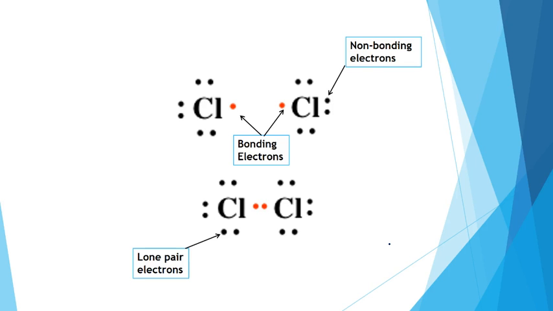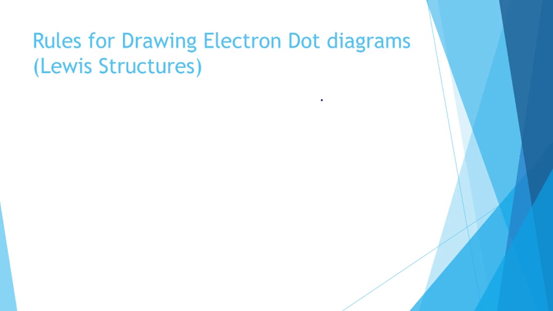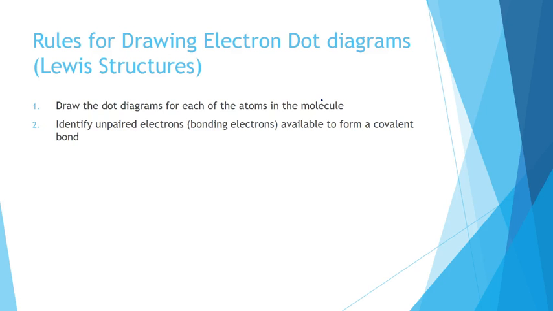And just reiterating here, our unpaired electrons will form our bonding electrons, and then our lone pairs, which are already paired up, are referred to as non-bonding electrons or lone pair electrons. So our rules: we draw the dot diagrams for each of the atoms in the molecule. We identify our unpaired electrons because they're going to be our bonding electrons.